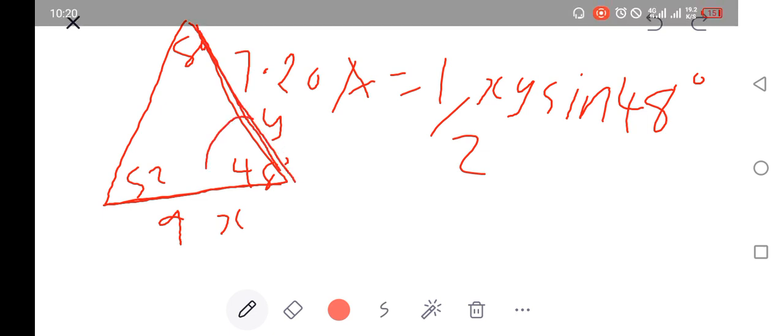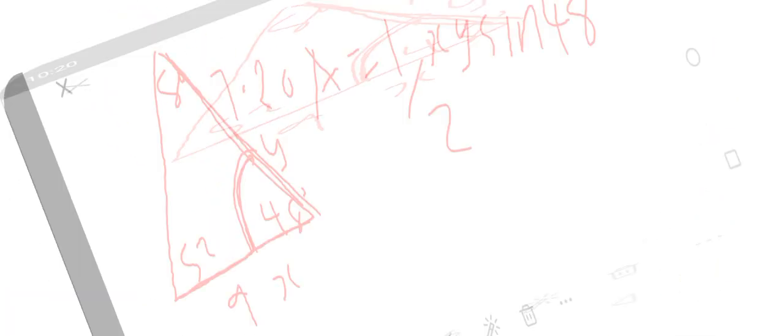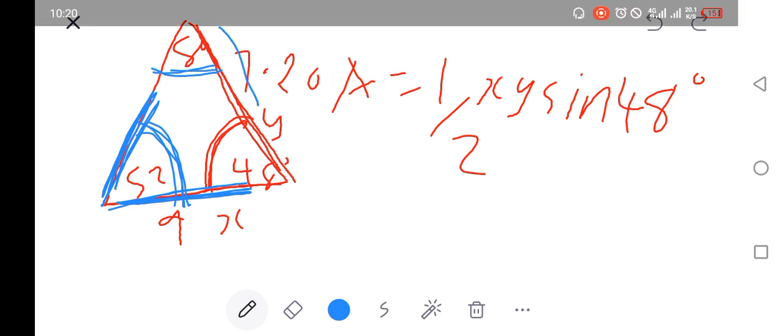So therefore you have to use this angle. If you decide to use this side and this side, then you have to use this angle. If you want to use 80, it means you have to use this side and this side.